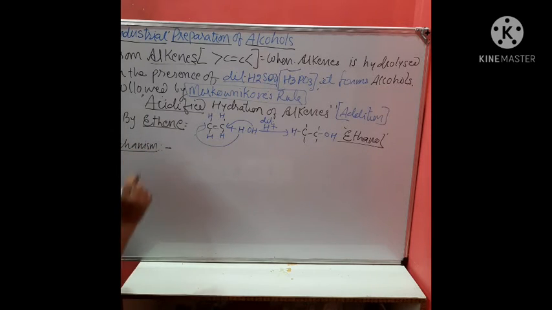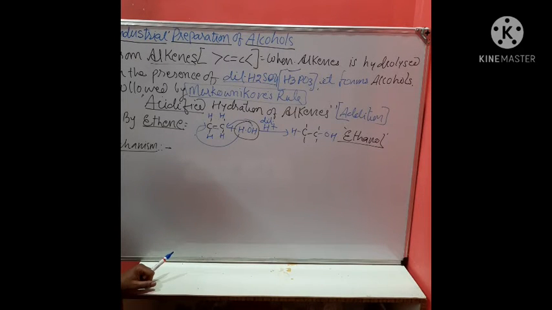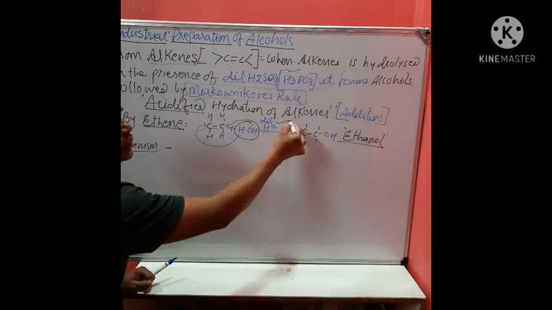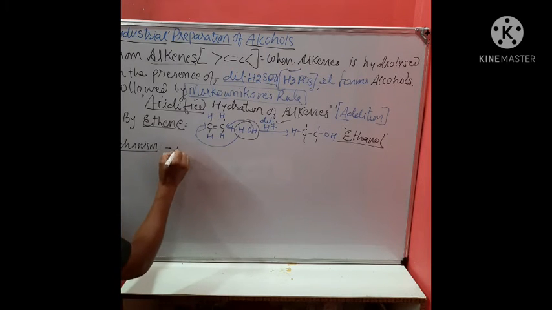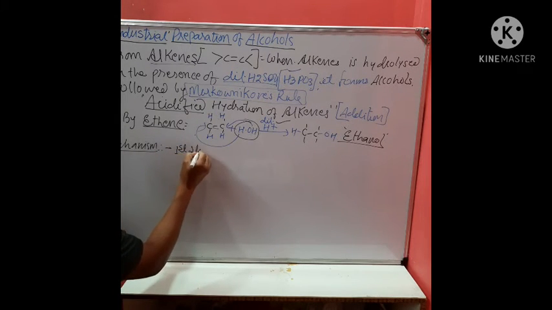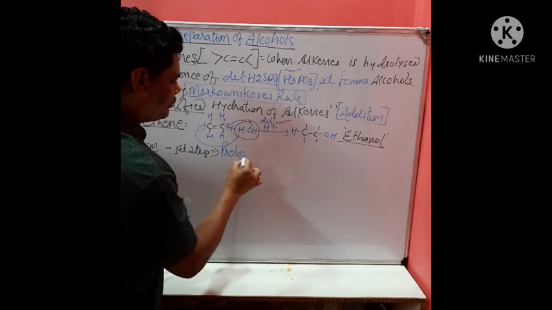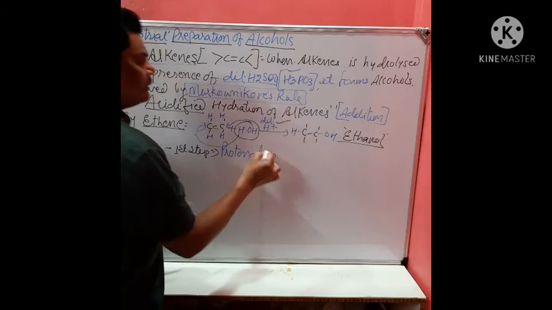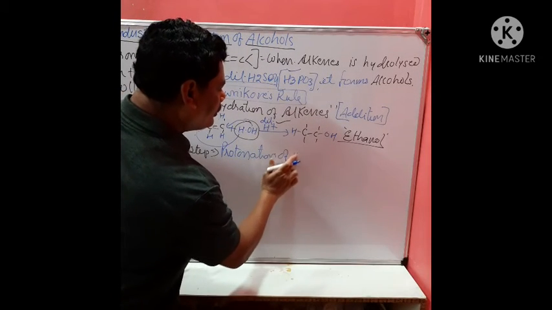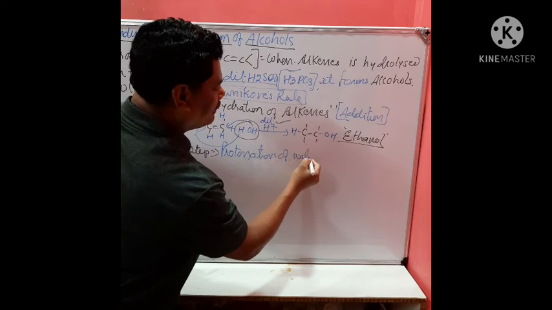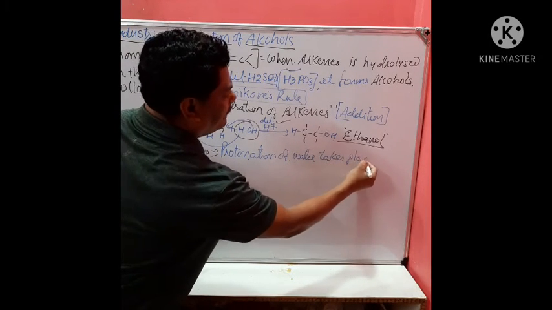In the mechanism, student, you know that water is not so reactive. So to make it reactive, we use a catalyst, acid. So in the first step, protonation of water takes place.